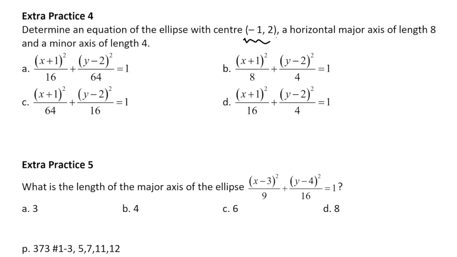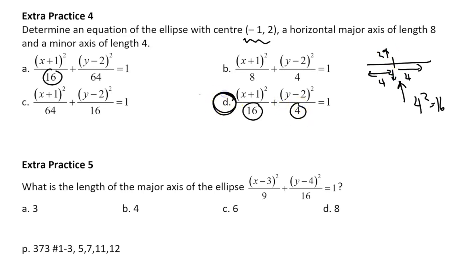So if you take your 4 to the right and 4 to the left to create your major axis, then that means that 4 squared would give you a value of 16 as a denominator. Okay, and so that shows up in D and it shows up in A. And then it says a minor length of 4 in total. So that means you would go up 2 and down 2, and 2 squared would give you 4. So this would have to be D.